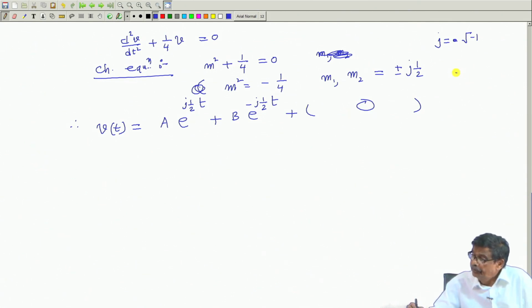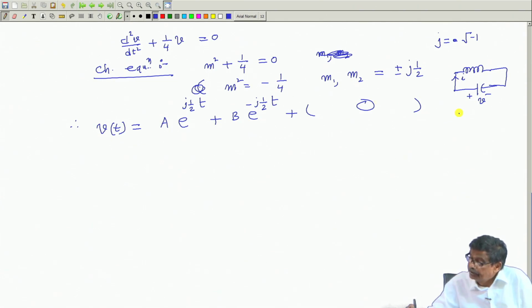Now, if you look at the boundary conditions, I told you that this is the capacitor, this is V(t), and this is I, the current flowing through the inductor. I told you V(0-) is equal to 10 volt.